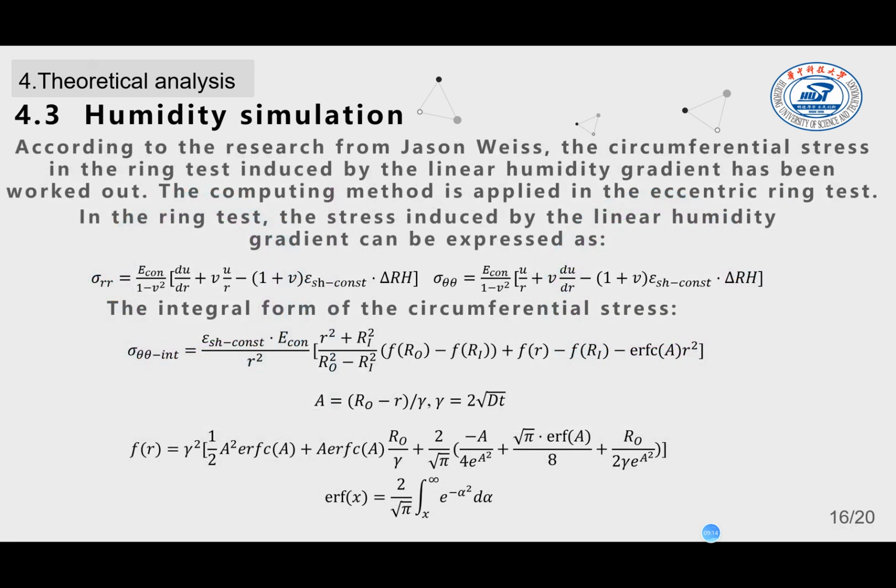According to the research from Jason Weiss, the circumferential stress in the ring test induced by the linear humidity gradient has been worked out. The computing method is applied in the eccentric ring test. In the ring test, the stress induced by the linear humidity gradient can be expressed by these two equations.